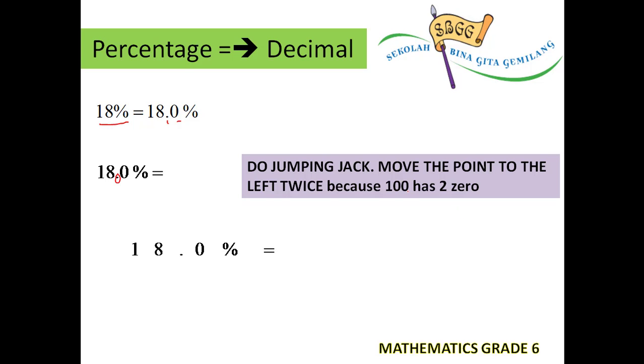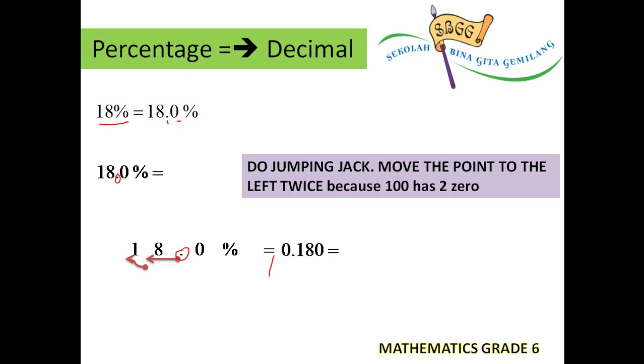So how do you jump it? See this one, this point. I will show you. This point will jump to the left once and jump again, twice. So the answer is 0.180.